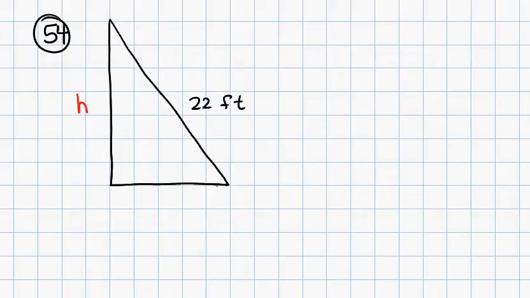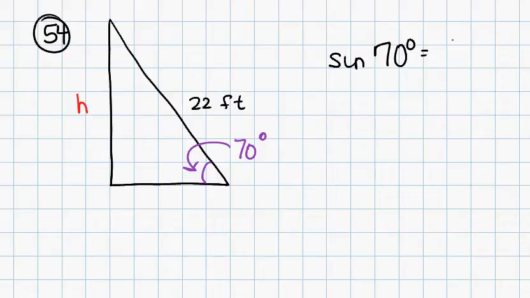And we know the angle it makes to the ground is 70 degrees. So this is opposite over hypotenuse, which is sine. So the sine of 70 degrees equals h over 22.